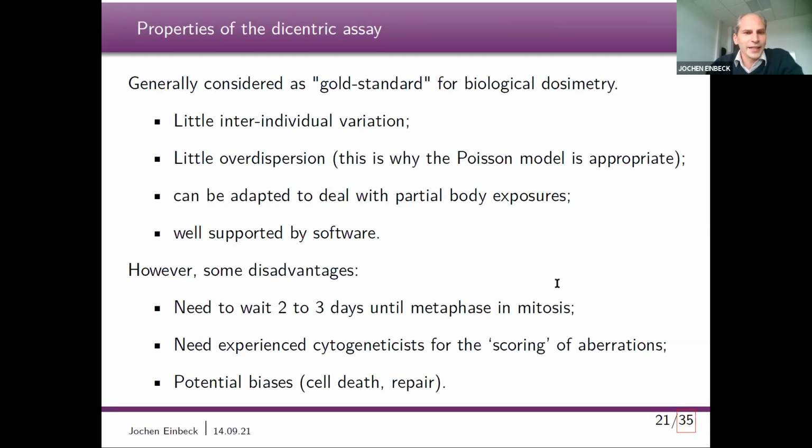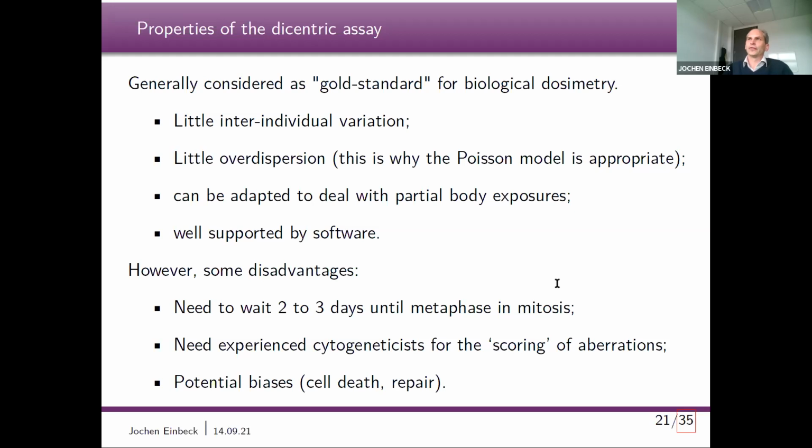Okay, right. This was the dicentric assay. This is still generally considered the gold standard in biological dosimetry. The reasons for that I have already alluded to briefly, but let me just repeat them here. There is relatively little inter-individual variation.